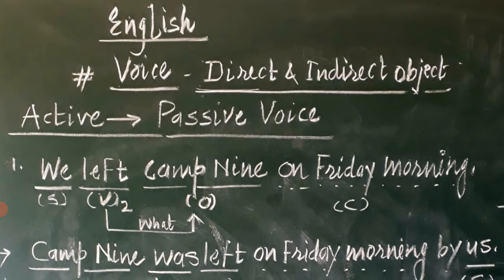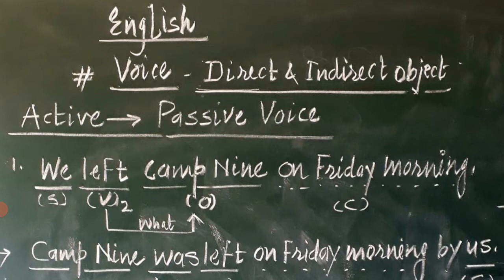Later on, camp 9: once you ask the question what to your action verb, the answer you get is normally called an object. An object is a word which is affected by any action. This is the basic idea about an object.